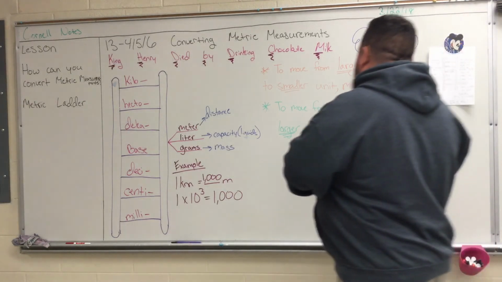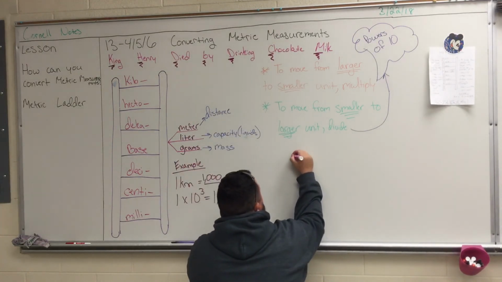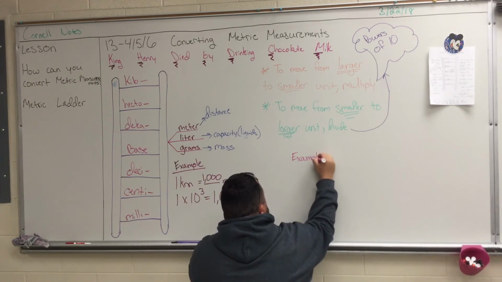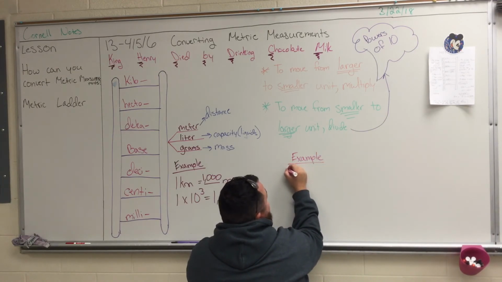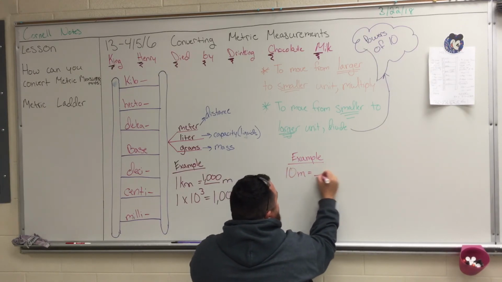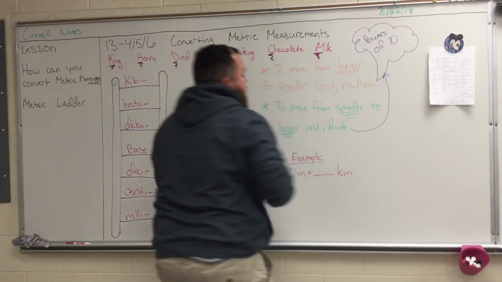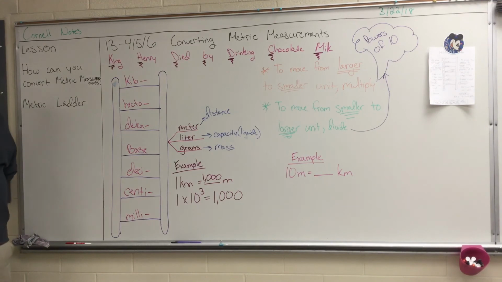So another example could be going the other way. And we could do that over here, and it could be example. And it could be, let's turn 10 meters into kilometers. So now we're going from a smaller unit to a larger unit, okay?